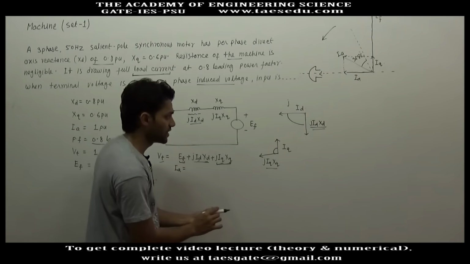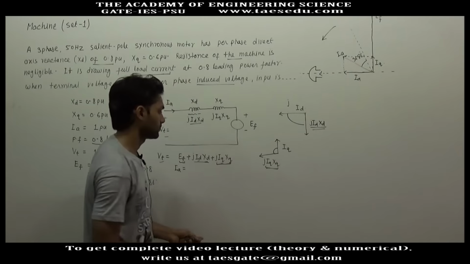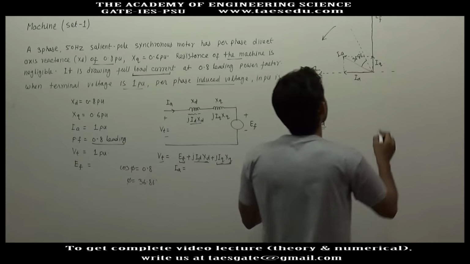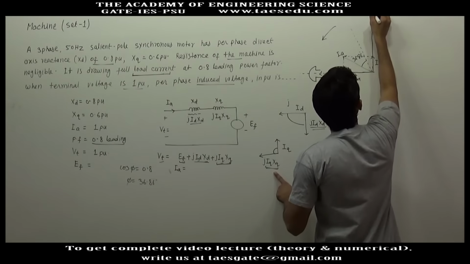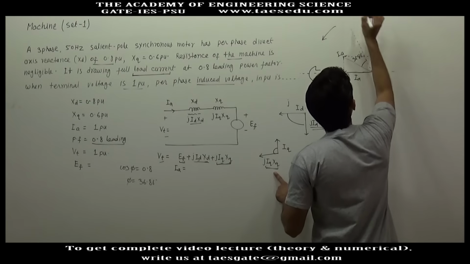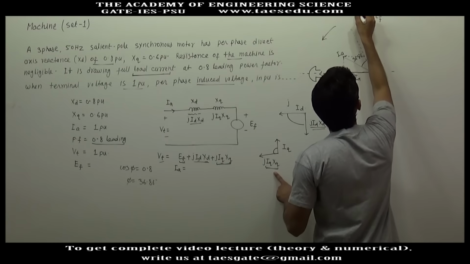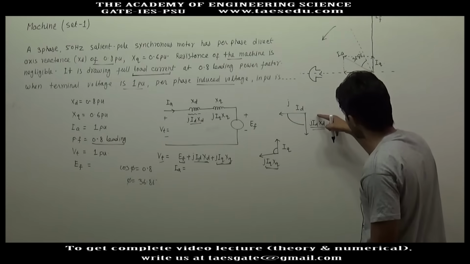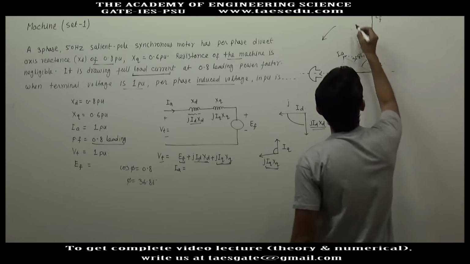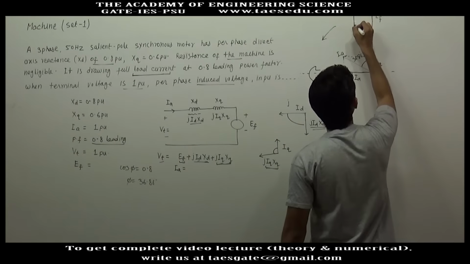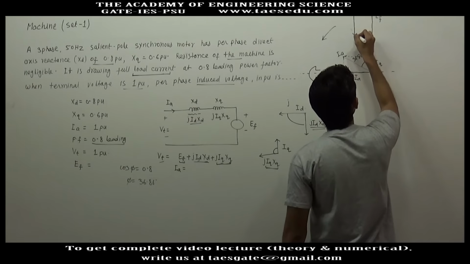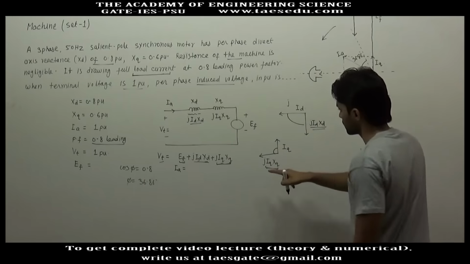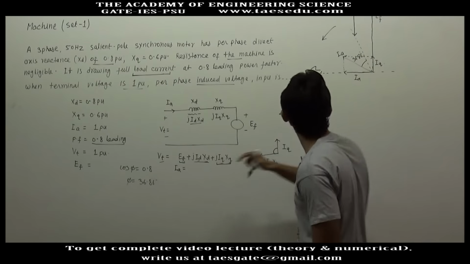So let us first add jIqXq in EF, and then jIdXd. jIdXd is in downward direction. This is jIdXd. And after adding that, we will get Vt.